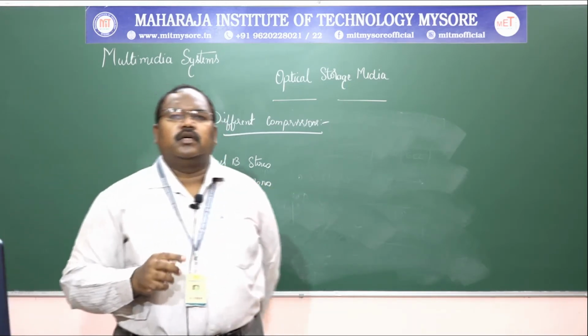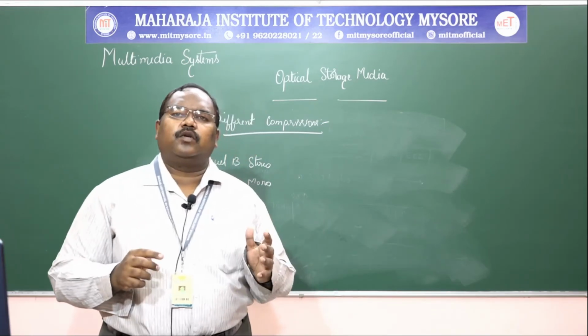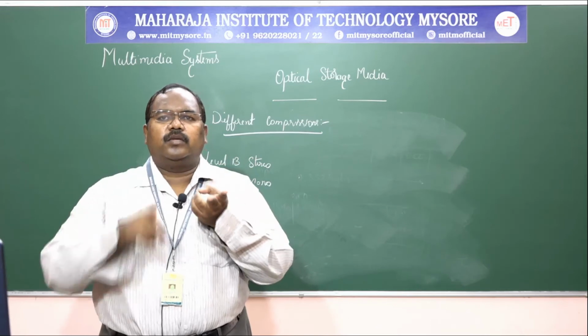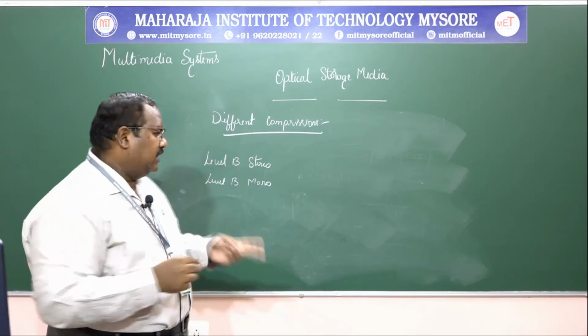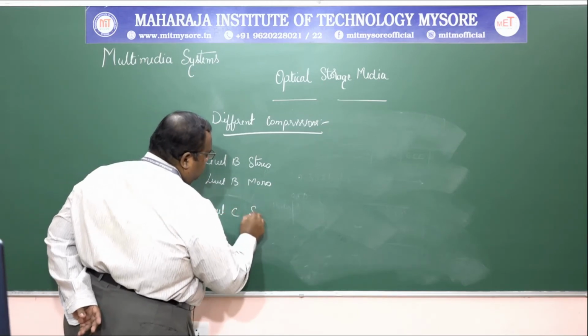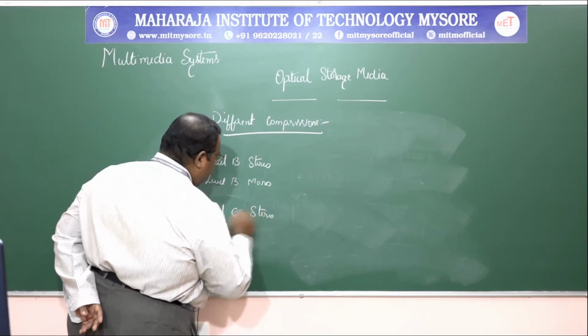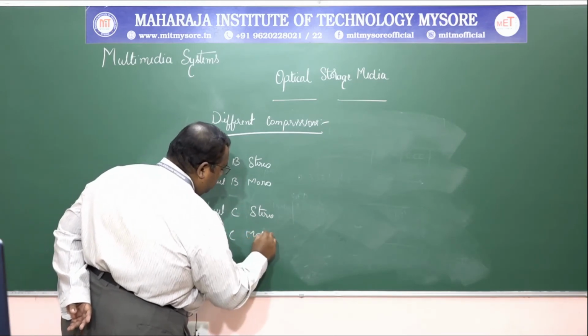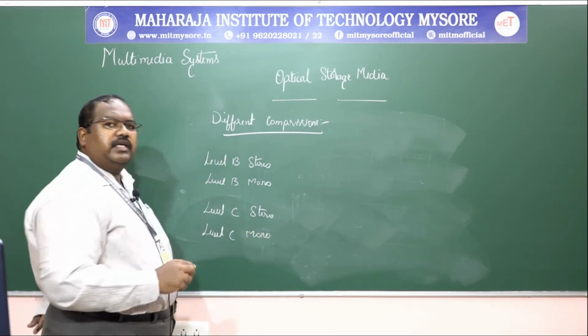In the previous sessions, in the beginning and also in the previous session, I have told you stereo is about 2 channels, okay? Mono is about only 1 channel. And next is level C stereo and level C mono. So these are the things.